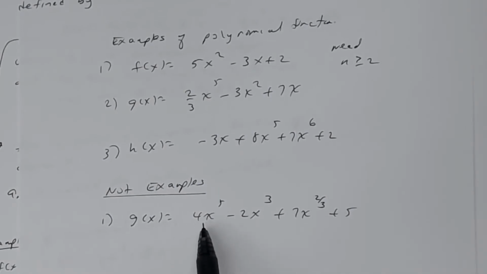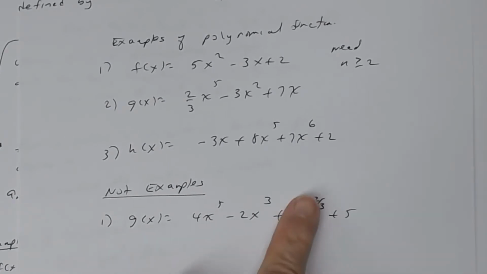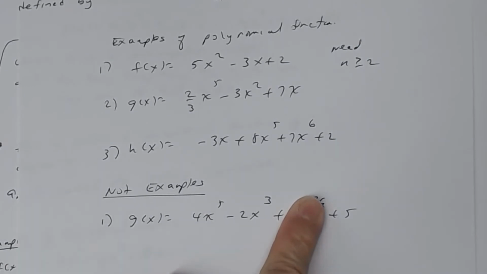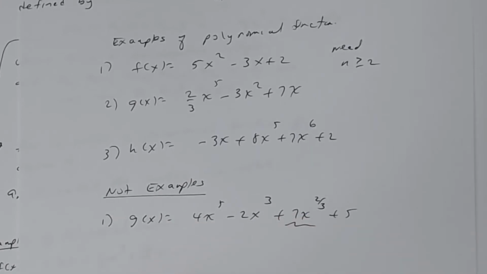And the reason it's not is because you look at these 4 terms. This term here, this is a term that makes this not a polynomial function. If that term wasn't here, and I just looked at those 3 terms, then it would be polynomial. But can you think about what makes this not a polynomial function? What about this term makes this not a polynomial function? It's still a function, but why is it not a polynomial function?